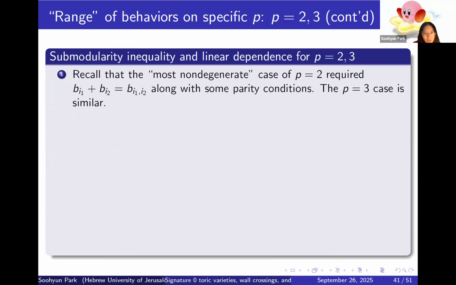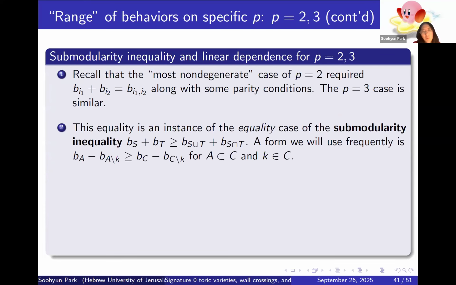Okay, so let's take a closer look at something that helps with a more general picture. The P equals 3 case is similar, so we won't get into that. But the submodularity inequality itself is defined as follows.